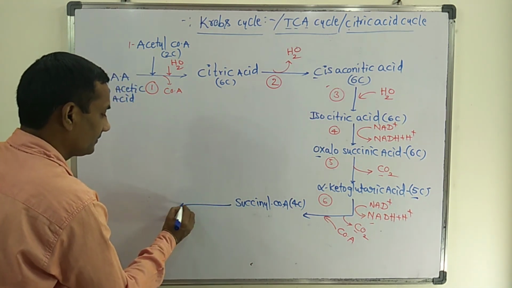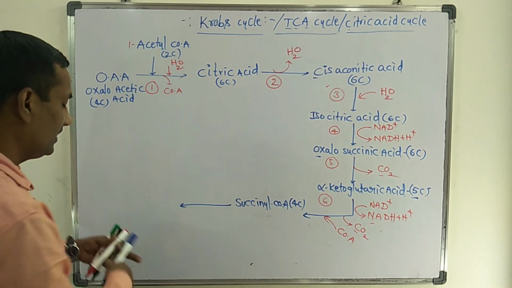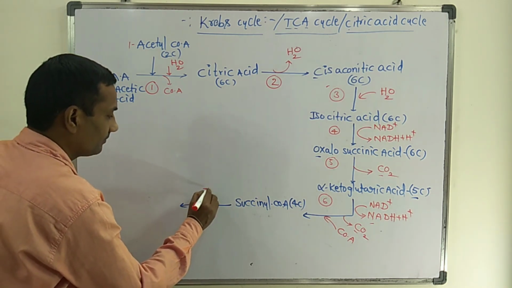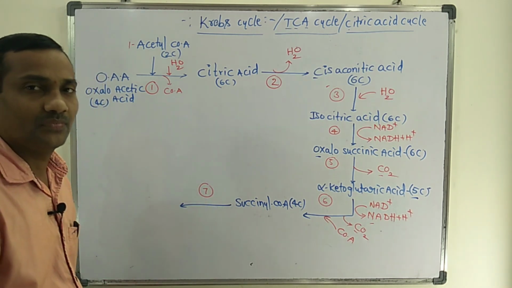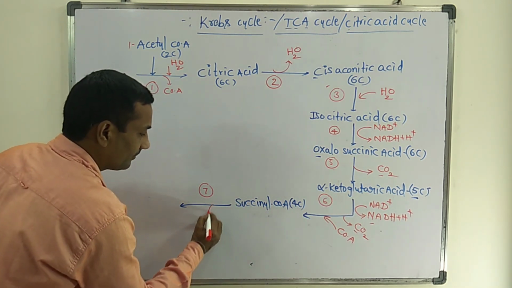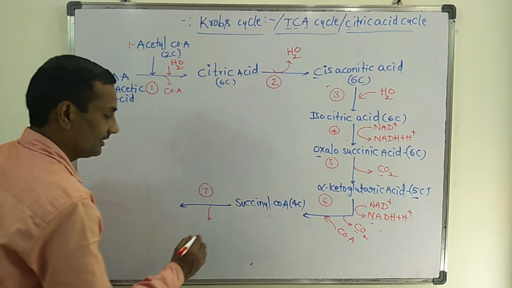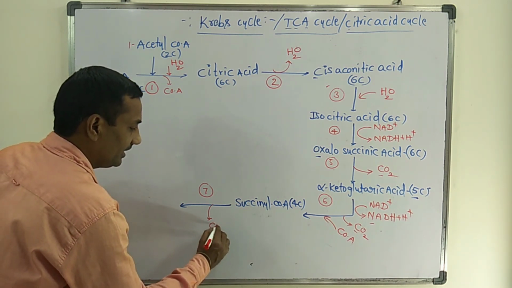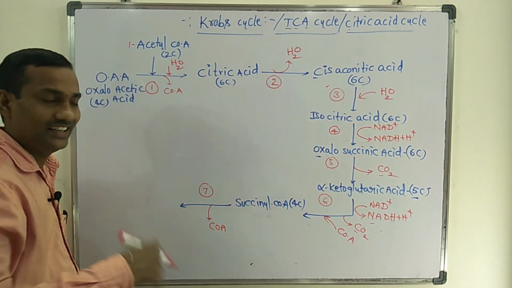Next, seventh step, that is the major step, the cleavage step. Because of cleavage, succinyl CoA undergoes cleavage that leads to formation of coenzyme A, which is released.